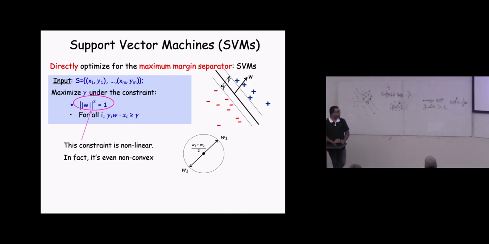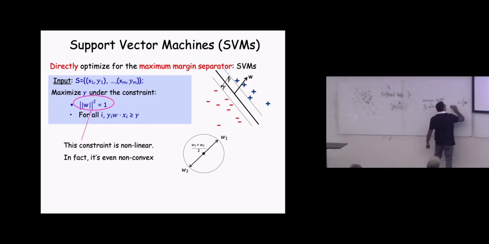What is good about this? The good thing about this is we don't have gamma anymore. Gamma is gone. By minimizing this, we are implicitly maximizing gamma by definition.